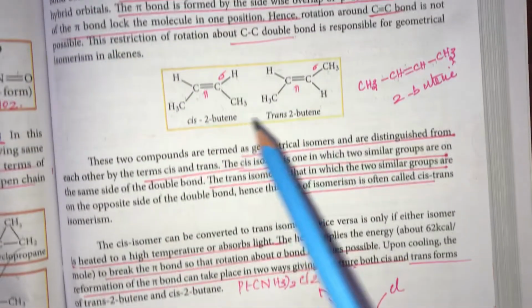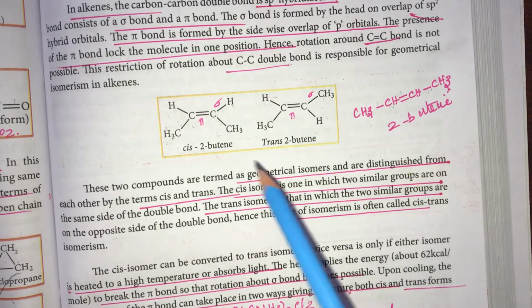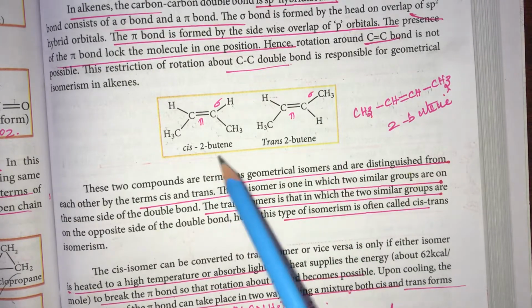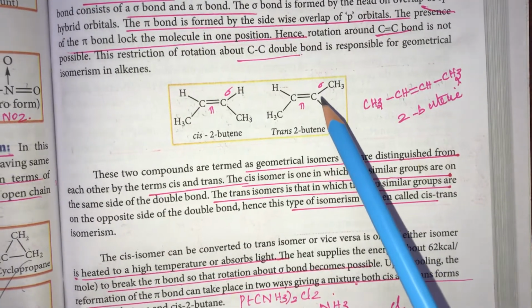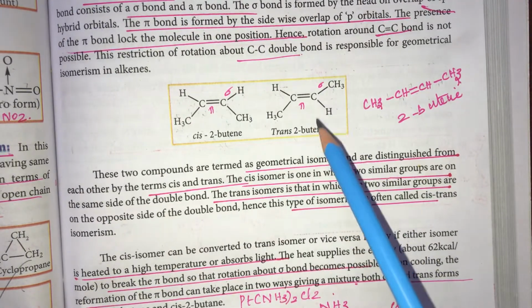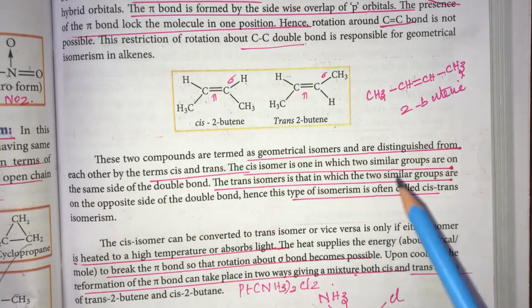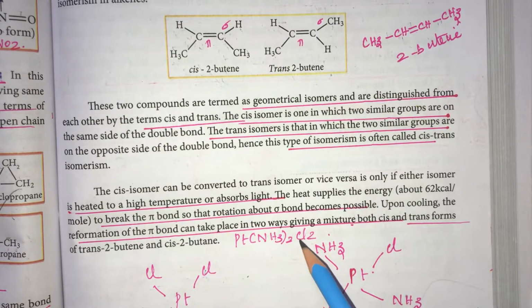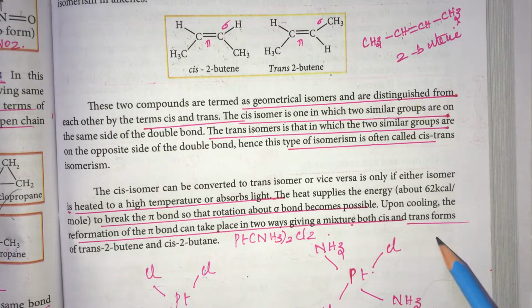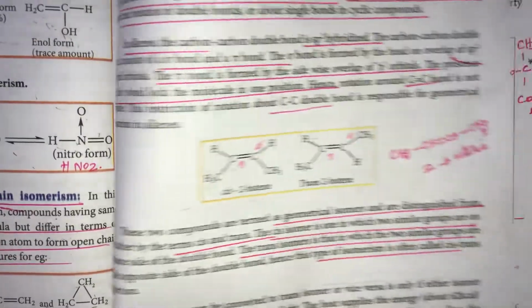In the case of 2-butene, the cis isomer can be converted into the trans isomer by heating or by absorbing light. Then the isomerism around the carbon-carbon double bond disappears, and rotation around a single bond becomes possible. On cooling, we again get a mixture of cis and trans isomers. That covers geometrical isomerism, cis-trans isomerism of 2-butene.